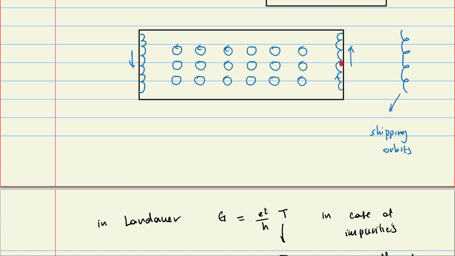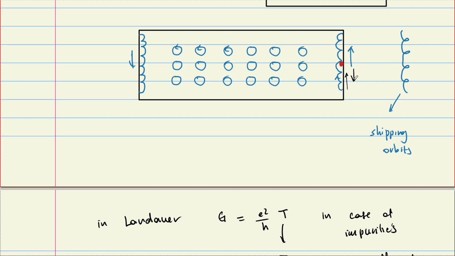And the reason for this is, suppose there is a current here, right? There is an electron, and the electron is going like this, and it hits an impurity, and it wants to scatter back. When it back scatters, it needs to go in the opposite direction. But you need a quantum state to be able to do that, right? If there is no available state, you cannot do that.